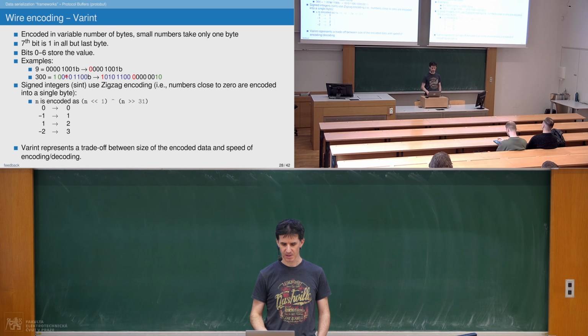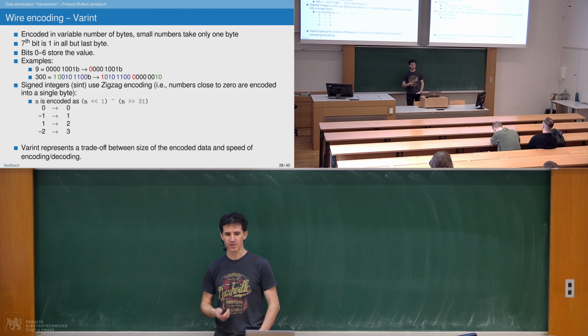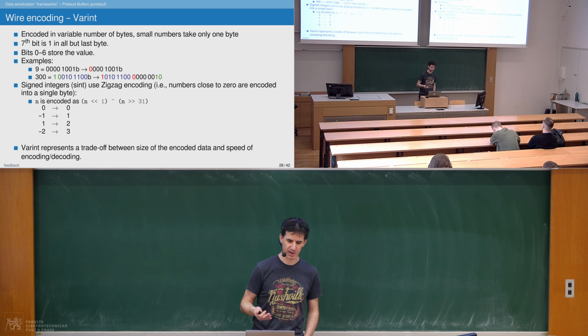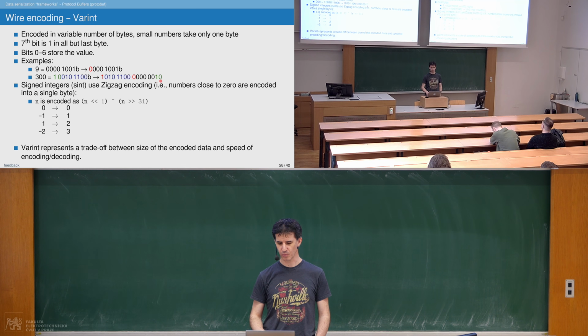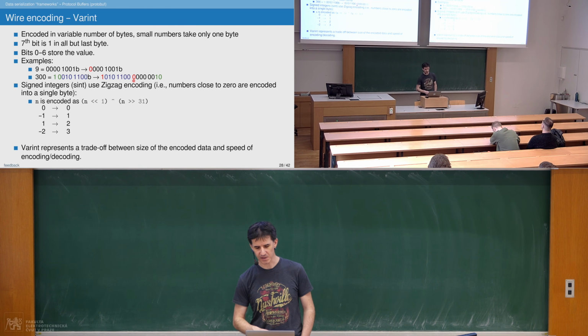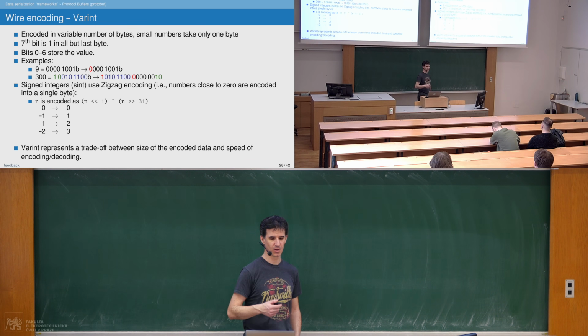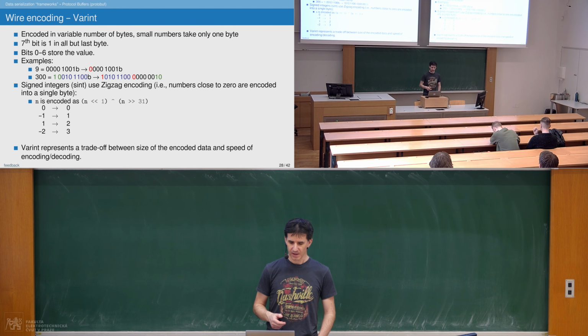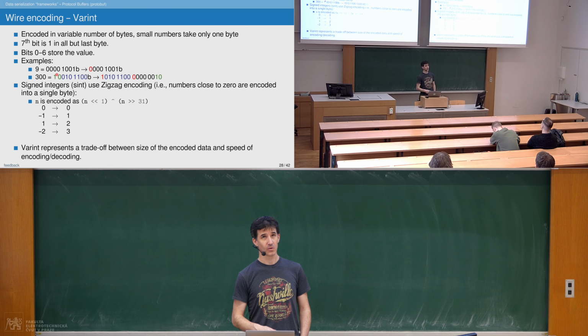You take those 7 blue bits, put them here, and put 1 as this indicator bit, which indicates this is not the last byte. And then you take those green bits, the remaining 2 bits, you put them here, and complete them with 0 as the 7th bit, meaning that this is the last byte. So as you can see, this is still pretty efficient.